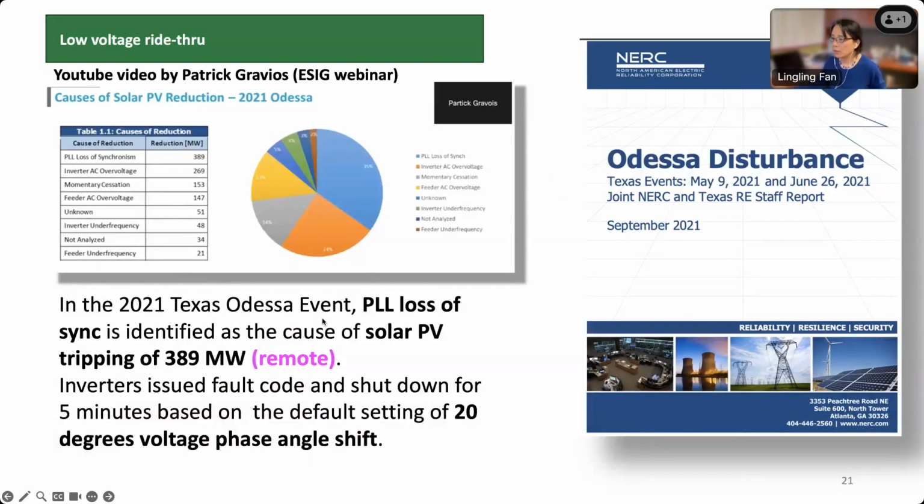So one cause is called the PLL loss of sync. And it has solar PV tripped, about 389 megawatts. I put a remote here because this is my annotation, just to say these solar PV farms are very remote to the fault location.